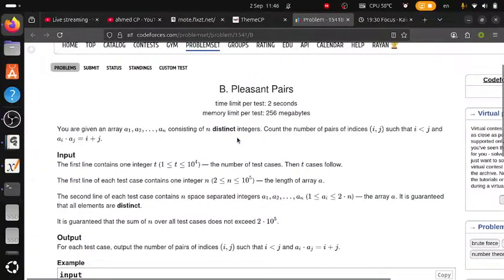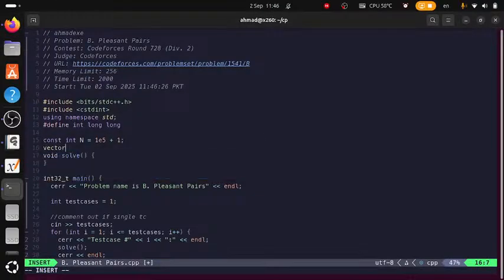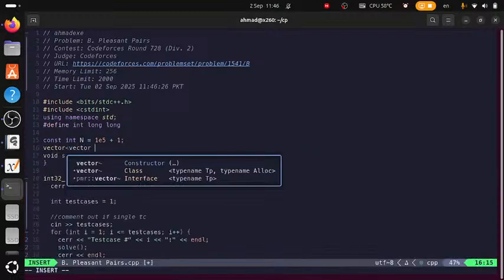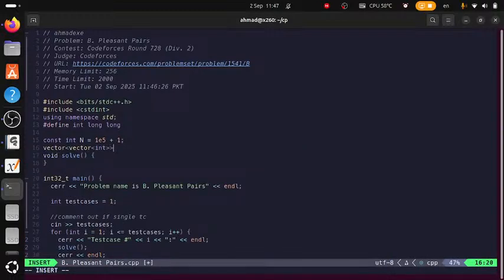So it's going to be a vector of vector, and this is going to have LP of size n, right? And yeah, that's pretty much it. We don't need to initialize anything else.